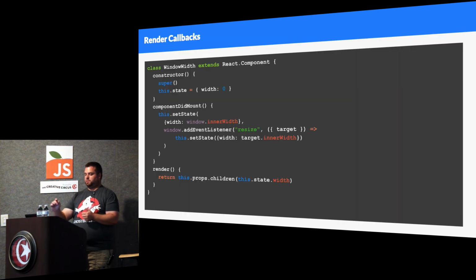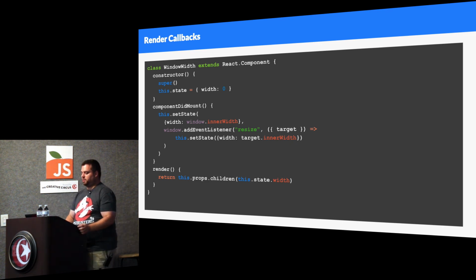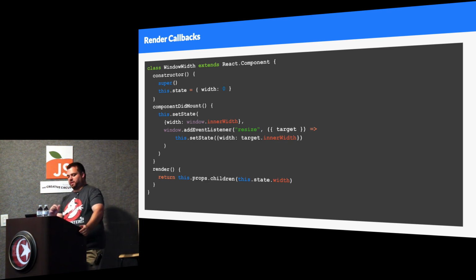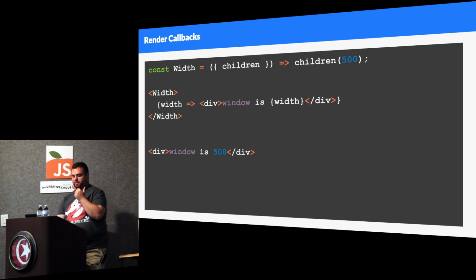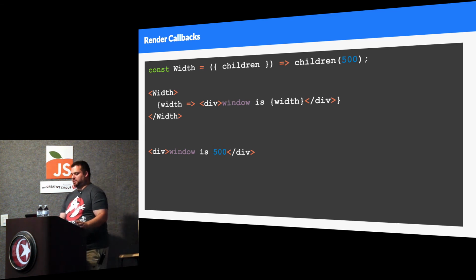So it's the same kind of thing as before, but now what I'm doing is I'm actually passing in the state to the child function. So instead of just rendering out 500 in that case, it would render out whatever the inner width of the current window size is. A little hairy, a little fun.